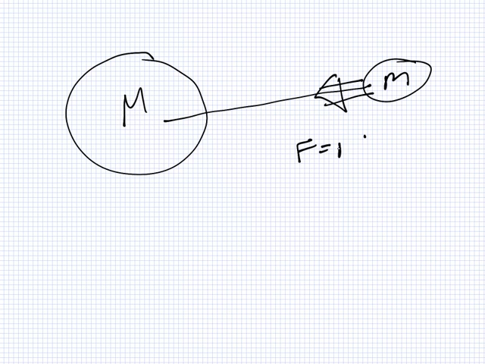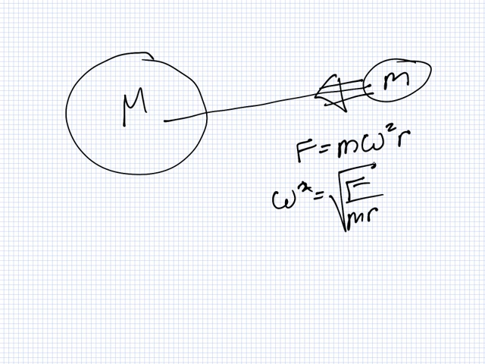And we know it equals, but we also know it equals m omega squared r. So then omega squared, because it's moving in a circle, is F over m r, isn't it? So omega is root F over m r. So that means 2 pi over T is root F over m r.